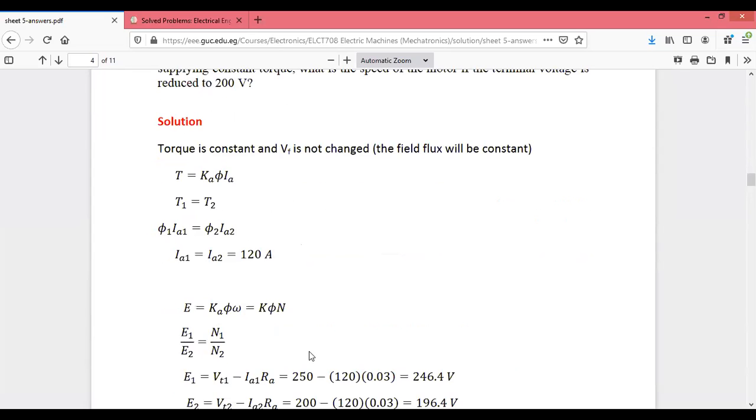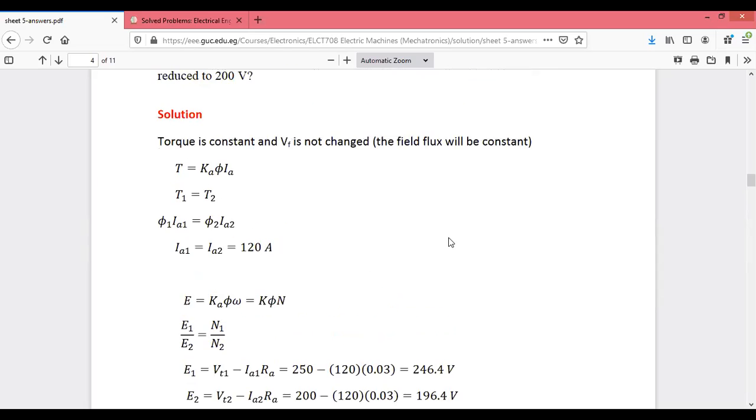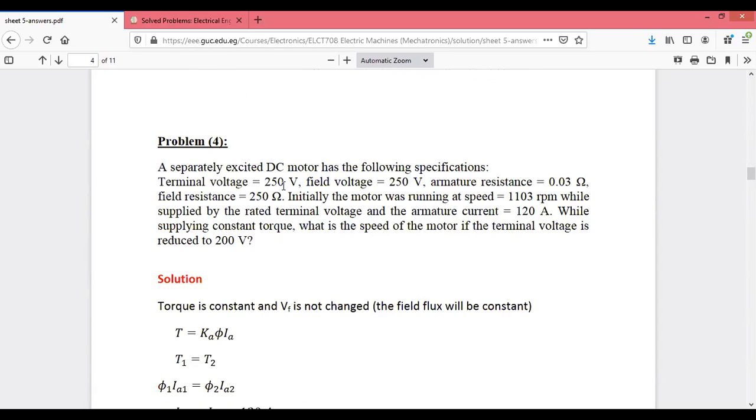So here again you can solve for the voltage for that current, which we have as 120. But here, if you see, the voltage will be reduced. The first time you take the terminal voltage as 250 volt, but when you consider constant torque, you are supposed to find the speed when the terminal voltage reduces to 200.